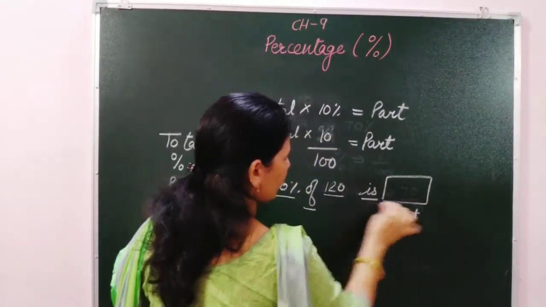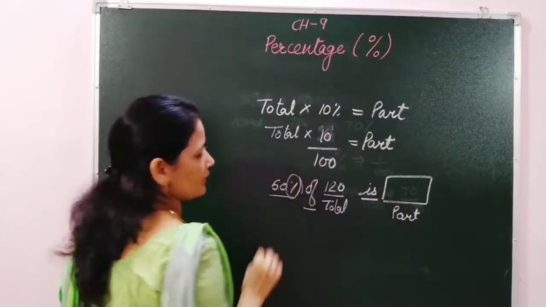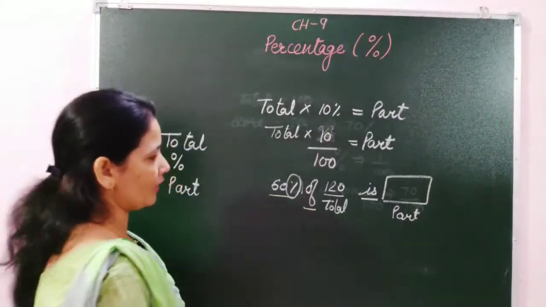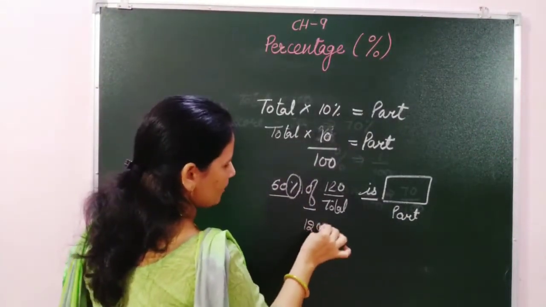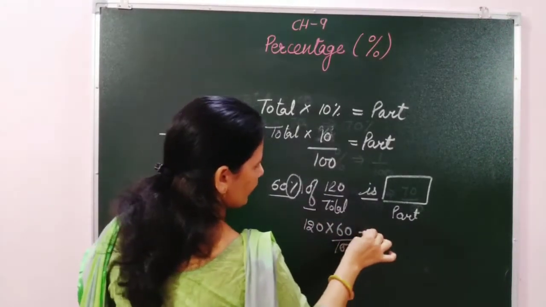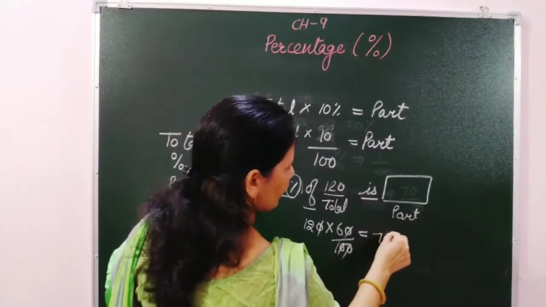So this is our part, this one is our total, and the percent symbol shows that the given number is a percentage. So how to find this? 120 multiplied by 60 and divided by 100 equals, cancelling, 72.